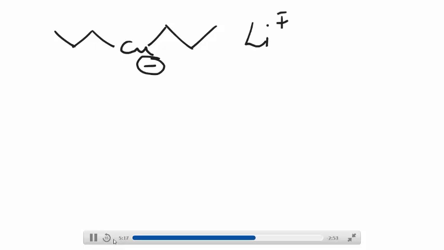So what you end up with, oh, I dropped a carbon, sorry, is this. And overall, there's a net loss of an electron for copper, but copper is the whole piece here. This dialkyl cuprate has a negative charge, and that will be associated with this lithium.